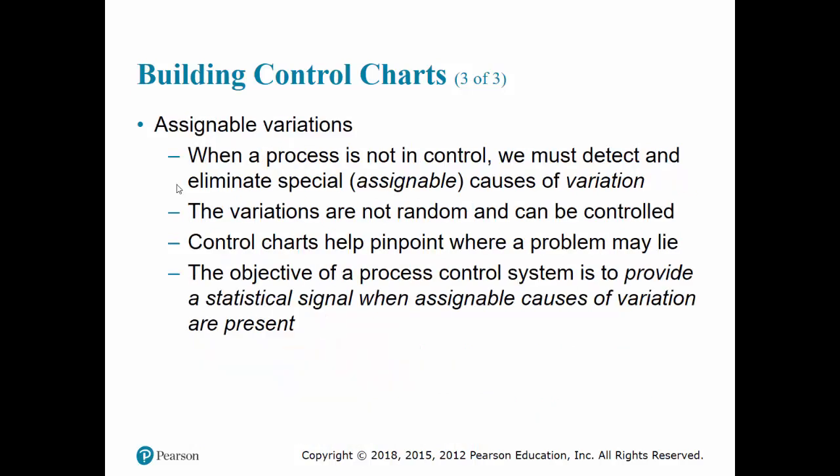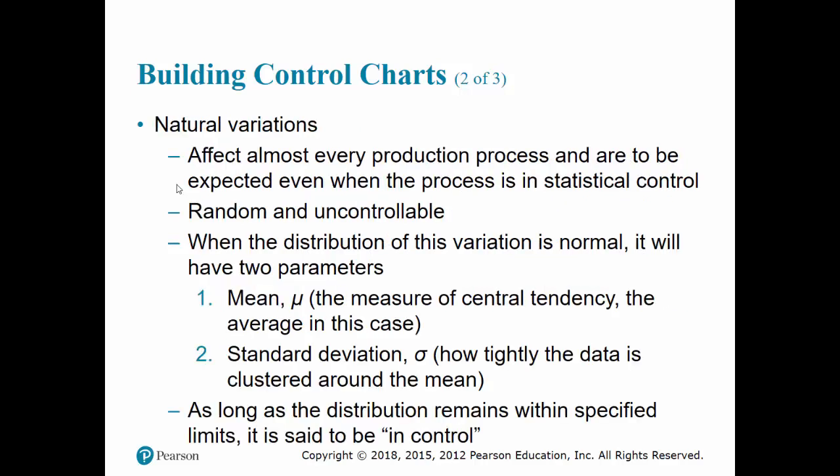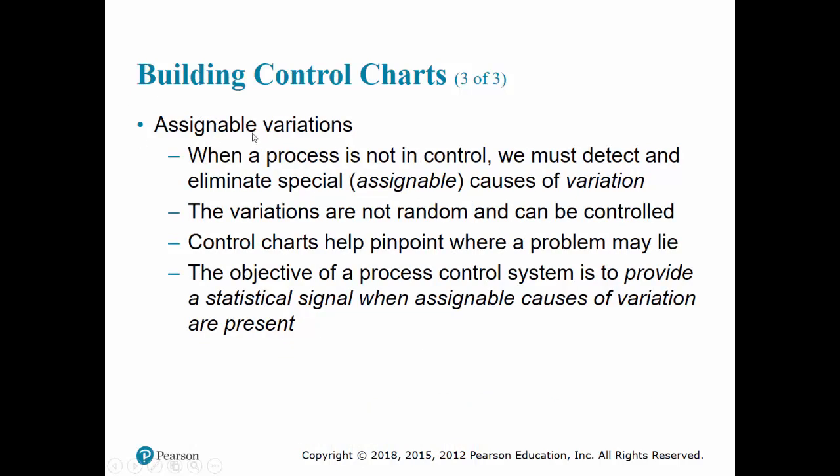And assignable causes are the ones present when a process is not in control. One more concept that you need to understand is that if the process has only natural variations or common cause variations, then that process is said to be in control. And if a process has, in addition to natural causes, some assignable causes, special causes assignable to some issue with the production process, then such a process is said to be not in control.